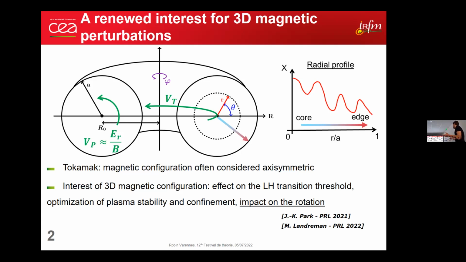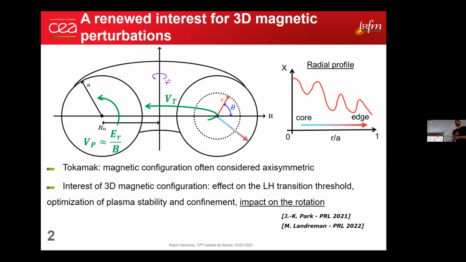Now that we have defined all this, let's talk about the meaning of this presentation. In tokamaks, the magnetic configuration is often considered axisymmetric, which means that you have symmetry in the toroidal direction. But there is a renewed interest in the impact of 3D magnetic perturbations, meaning a fluctuation in the toroidal direction of the magnetic field.